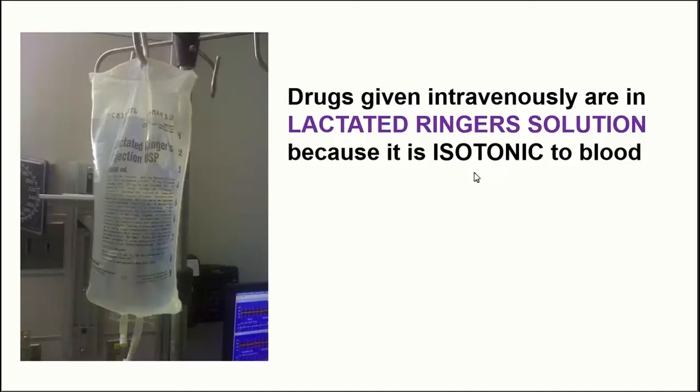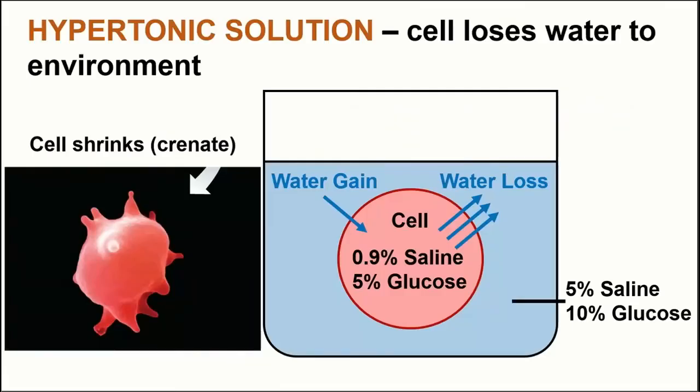So we want to be able to deliver that drug without causing any osmotic stress in the body. And so we place intravenous drugs into lactated Ringer's solution, and then we put that into an IV and administer that drug and solution intravenously.